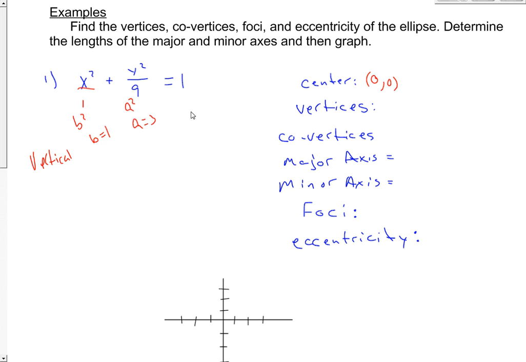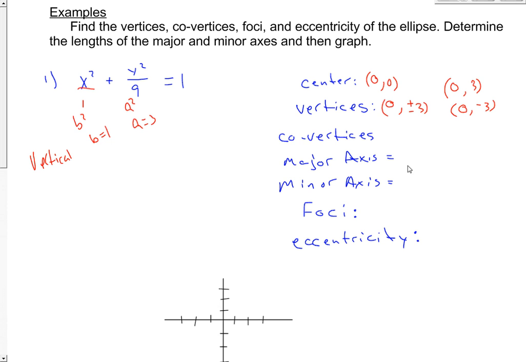And so my vertices, since I have a vertical ellipse, my vertices are going up and down. So I am changing my y value with the a. So that is going to be 0 and positive and negative 3. Remember, that is 2 different points. That is 0, 3 and 0, negative 3.